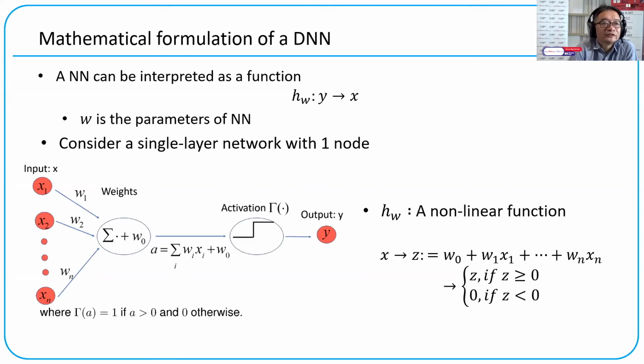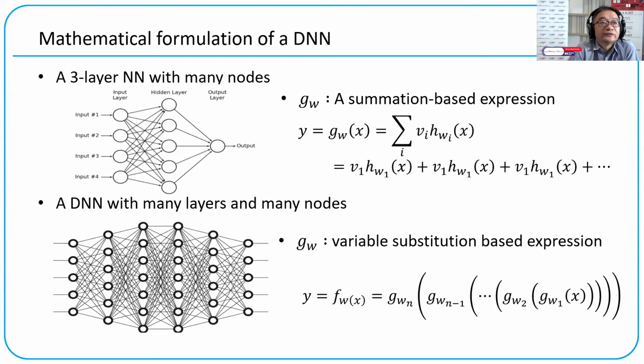If this value is positive, let it pass through. If the value is negative, just set it to zero. That's already a single layer neural network: mathematically you just take a weighted summation of the inputs, then let it through or cut it out. It's a very simple nonlinear function.